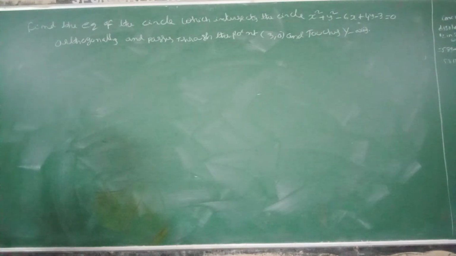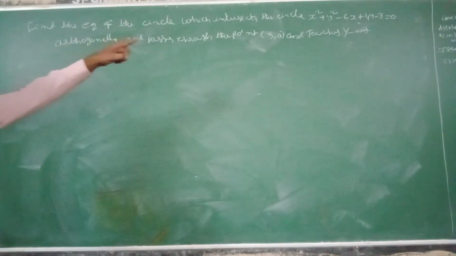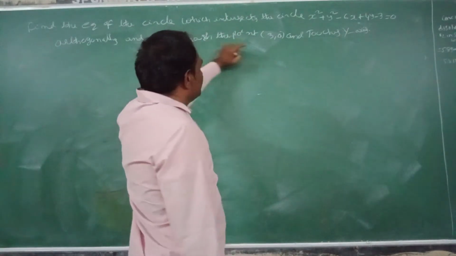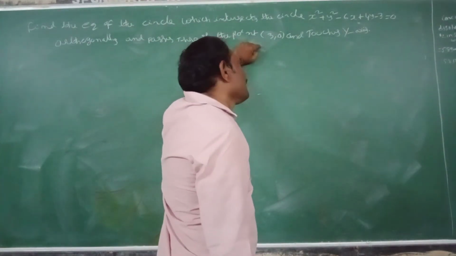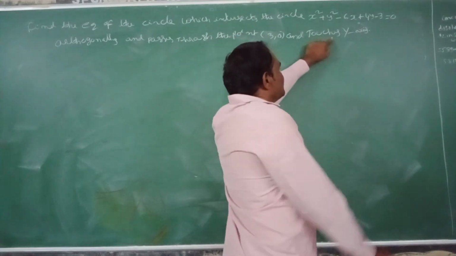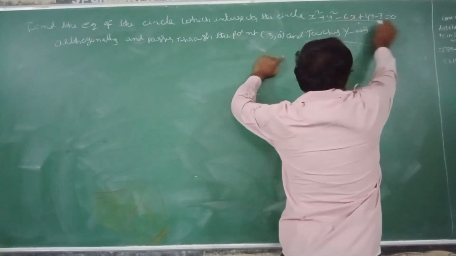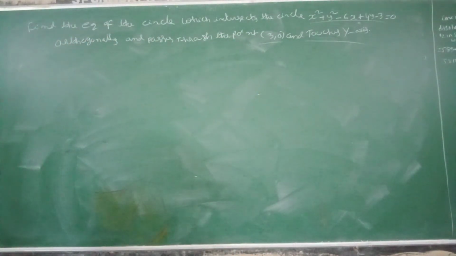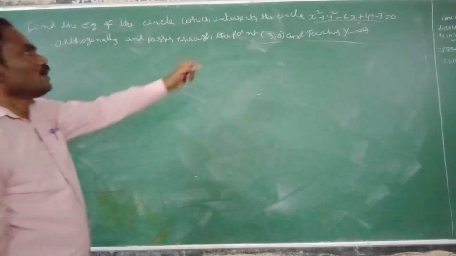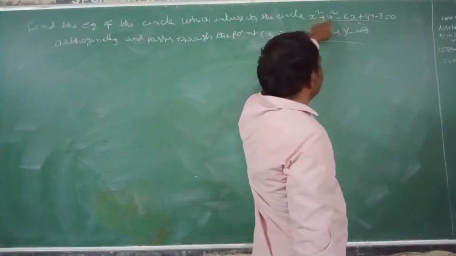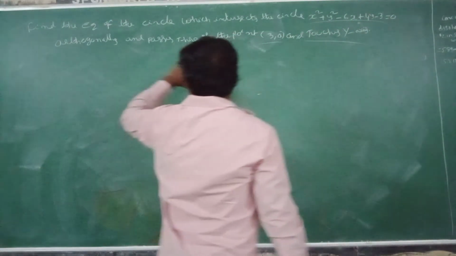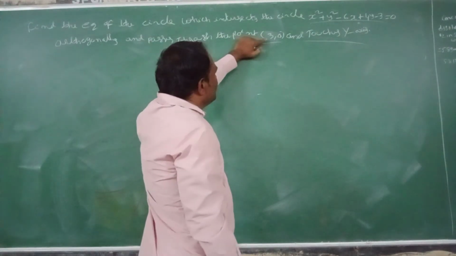The required circle intersects the given circle orthogonally and passes through the point. Another condition is that it touches the y axis. Here three conditions are given in the problem. First condition: the required circle intersects orthogonally the circle x square plus y square minus 6x plus 4y minus 3 is equal to 0 and passes through the point 3 comma 0.